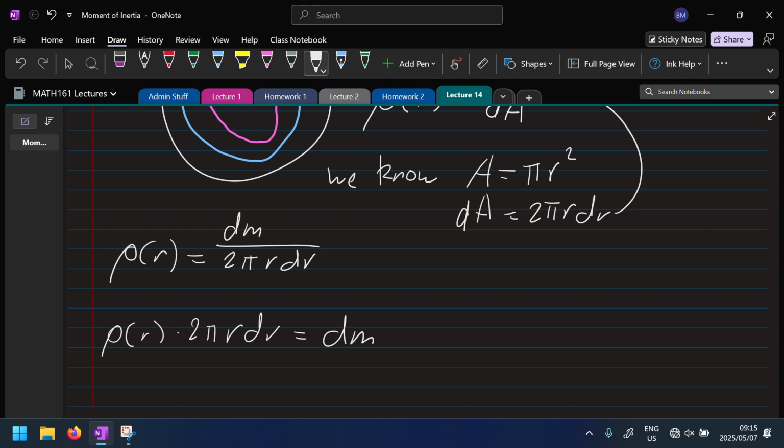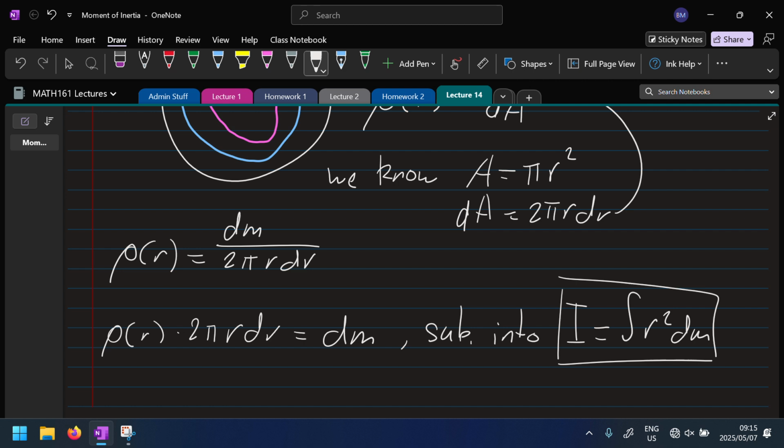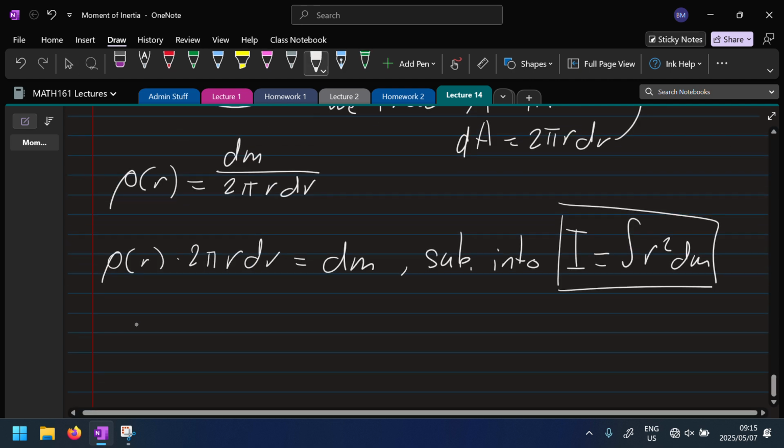We want to take this and substitute it back into that original equation. Right, you know the I equals integral r squared dm. Okay, the one from right at the beginning. So we take the dm, exactly like we did in the first case and the second case, substitute it into the equation, and that gives us our integral.